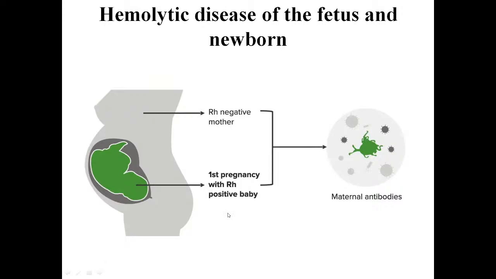Students, in the slide you can see the hemolytic disease of the fetus and newborn. In the slide I can explain: the mother of this child has RH negative factor, and when the child has RH positive factor, the mother's organism starts to produce antibodies against the RH factor of the child.